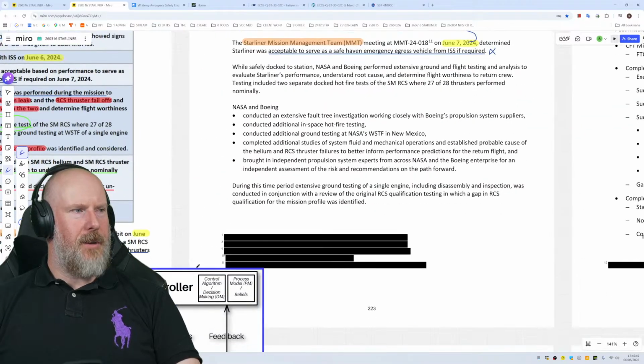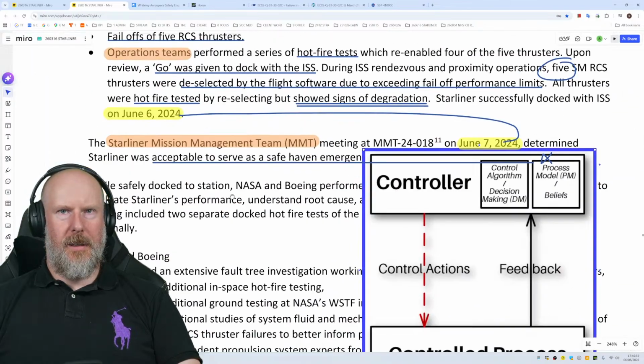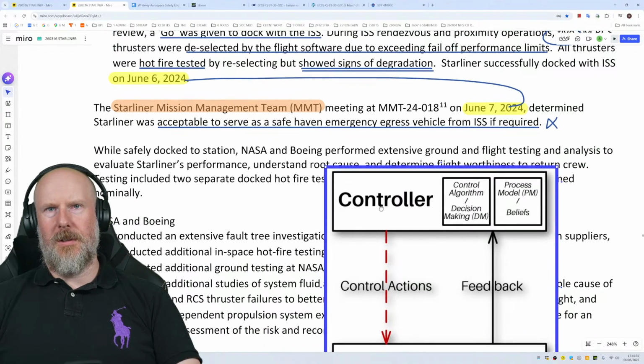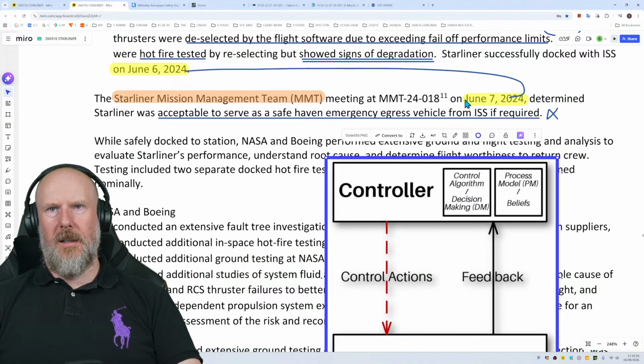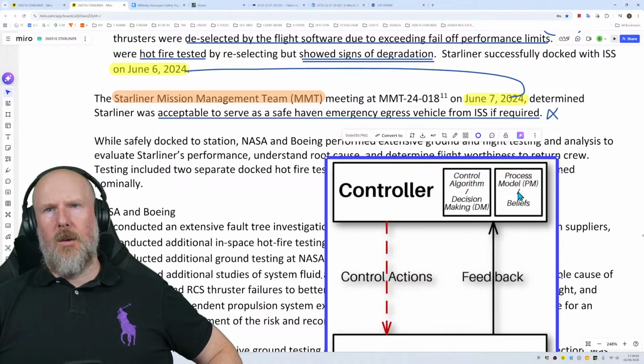So again, if we're thinking about the control loop and the controller, and this is the Starliner mission management team and they've made a decision, they determined, well, how did they determine? What was the decision making they went through? What were the available, what were the mental models? What were their beliefs?